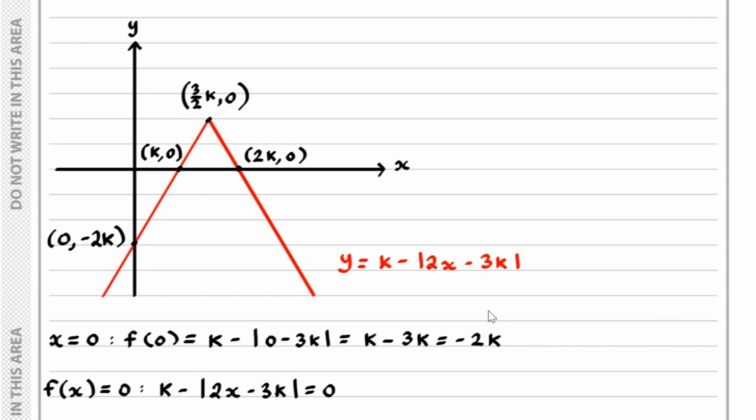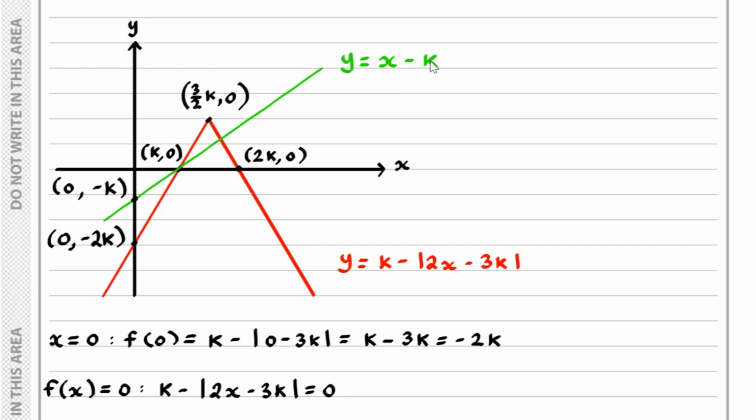So what does that mean? Well, what it means is, if we sketch this graph, we have here the graph of y equals x minus k. Here we've got a coordinate of 0, minus k.